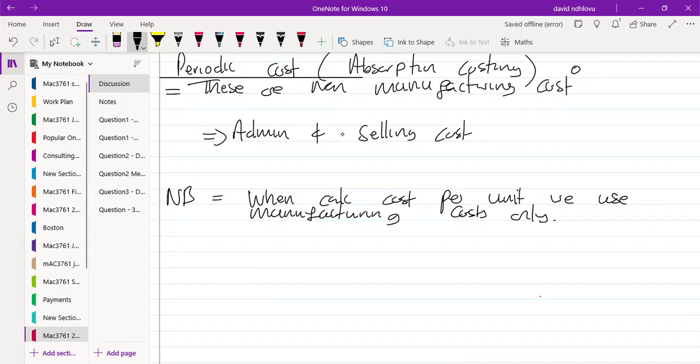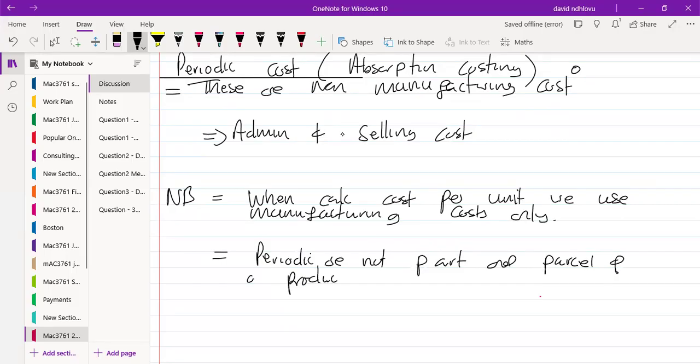You don't include the periodic costs. So we're saying periodic costs are not part and parcel of a product's costs. Whenever you cost a product, you only use the manufacturing costs. You don't include any periodic costs. So that is the most important reason why we separate these costs.